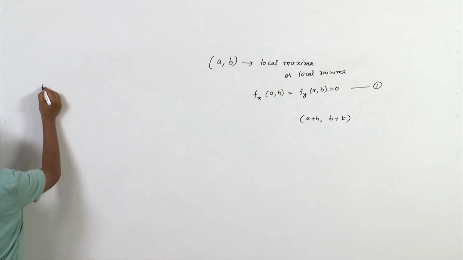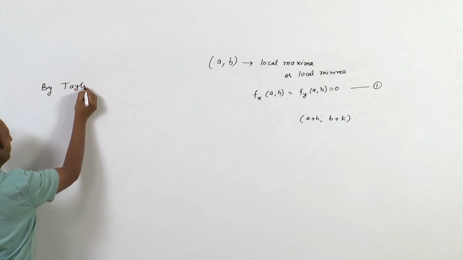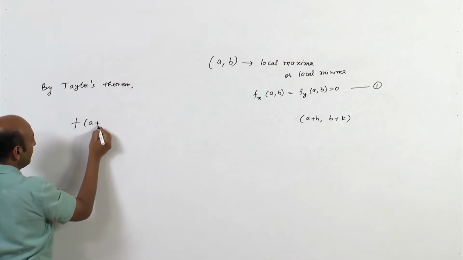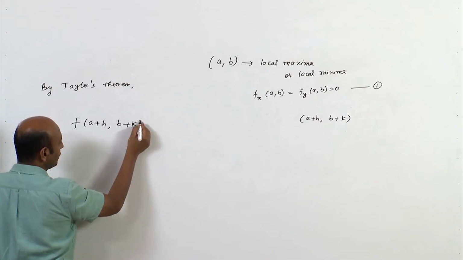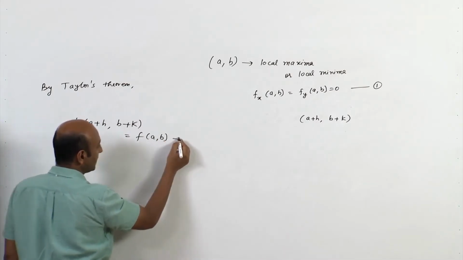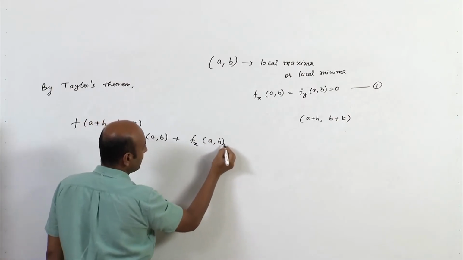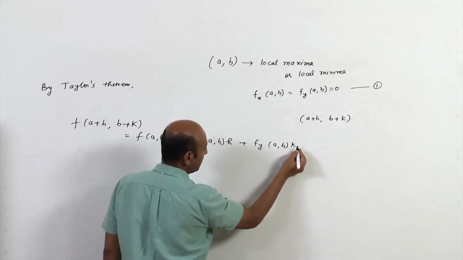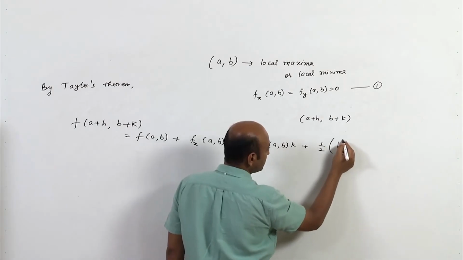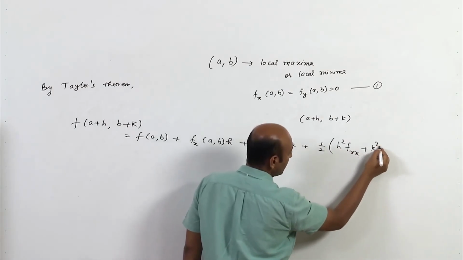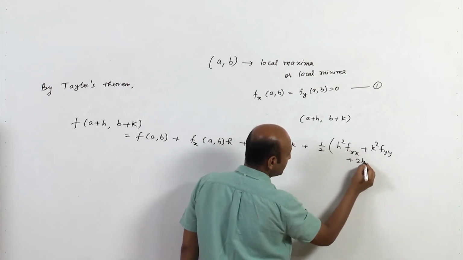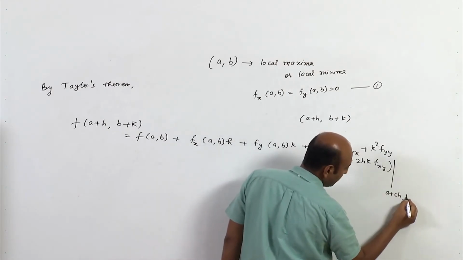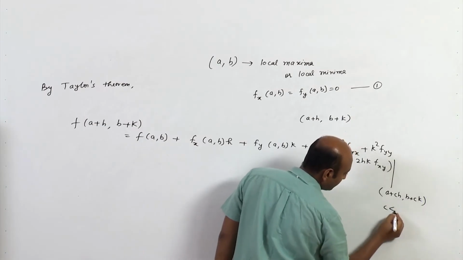Now, by Taylor's theorem for two variable functions, we know that f(a+h, b+k) equals f(a,b) plus fx(a,b)h plus fy(a,b)k plus 1 by 2 [h square fxx plus k square fyy plus 2hk fxy] at (a+ch, b+ck), where c lies between 0 and 1.